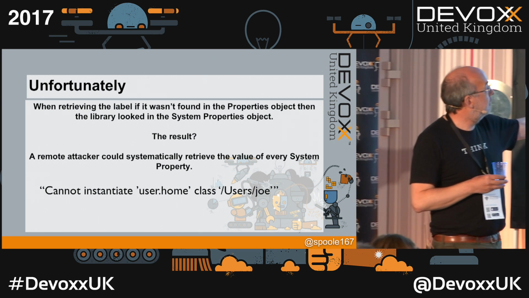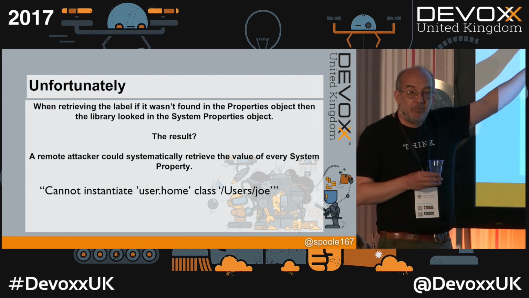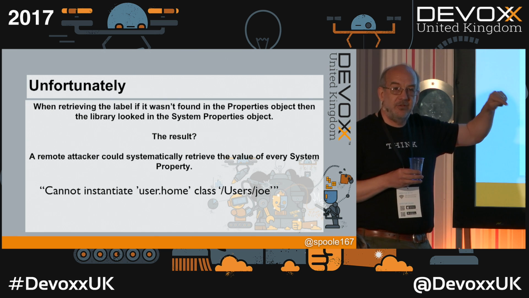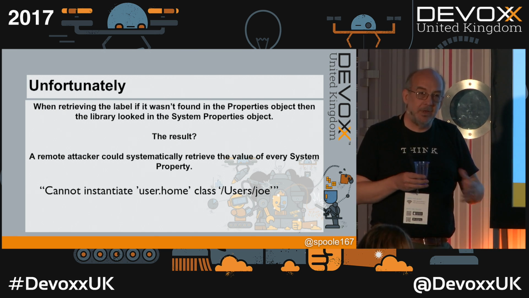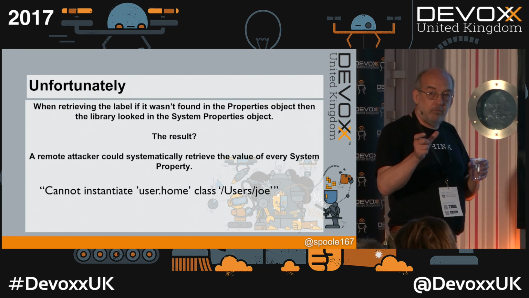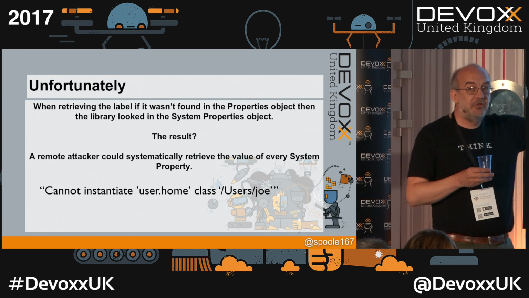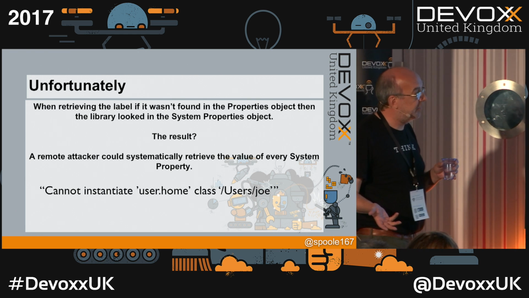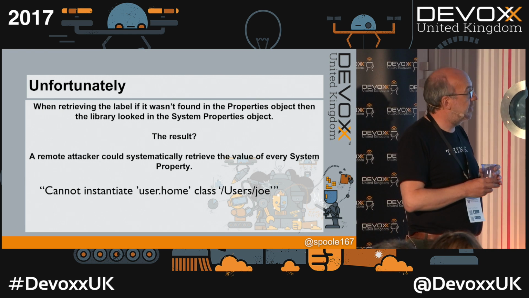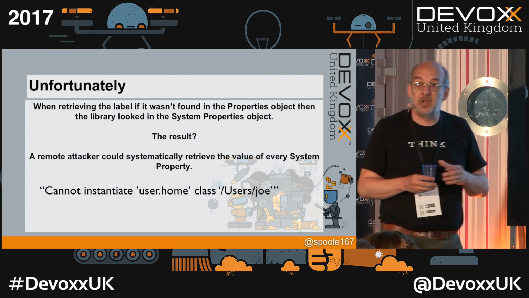Because if the property that you were looking for wasn't in the properties class that you were calling, the code would actually then go off to system properties. So somebody could pass in a label saying, please give me user.home. The system will try to instantiate it as a class, it doesn't exist, and it will give you back a nice message that tells you, can't find class users Joe.